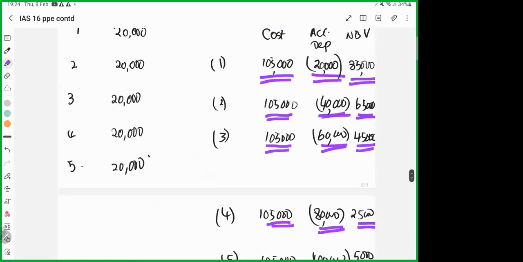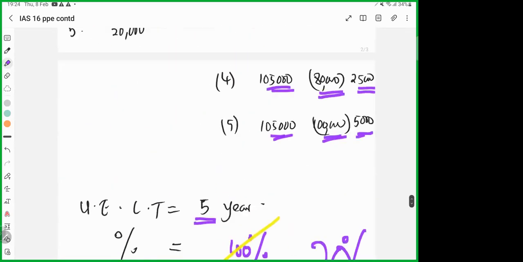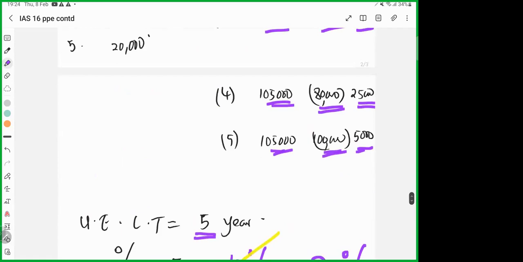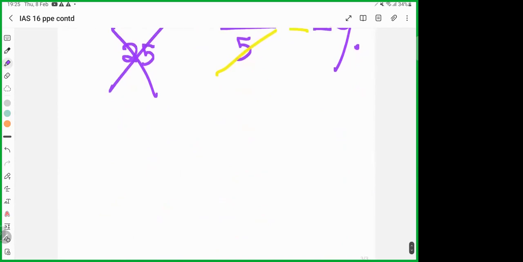In the last class, we also discussed something about a diagram: over the years, how depreciation will be portrayed in a diagram.